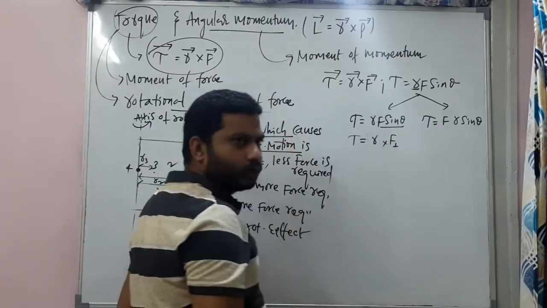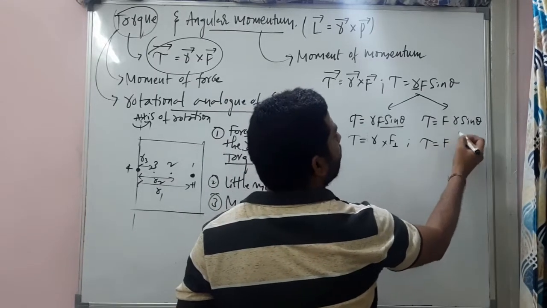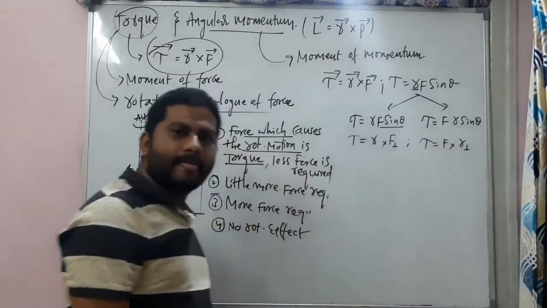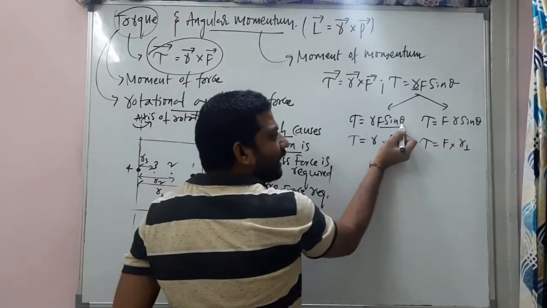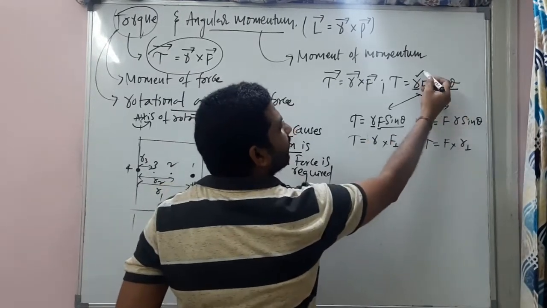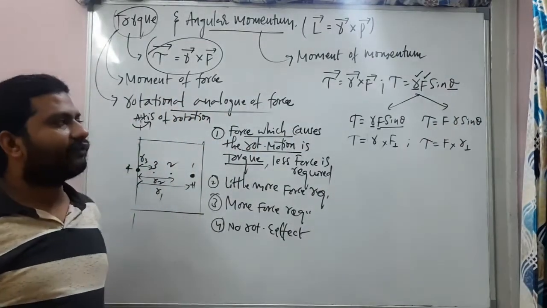And in the same way, torque is F into R sine theta, so that's the perpendicular distance. What is this theta? Theta is the angle between r and f. That is very important. Remember the formula of the torque.